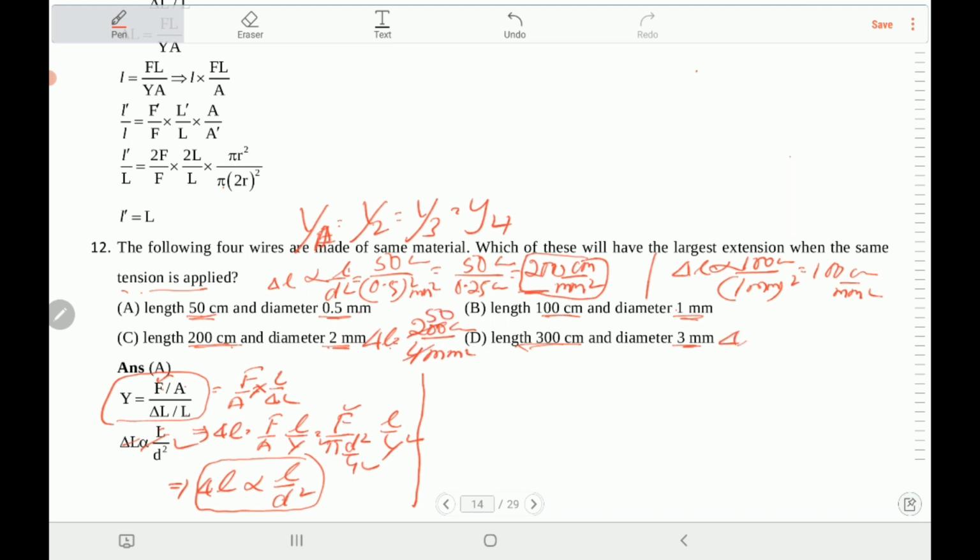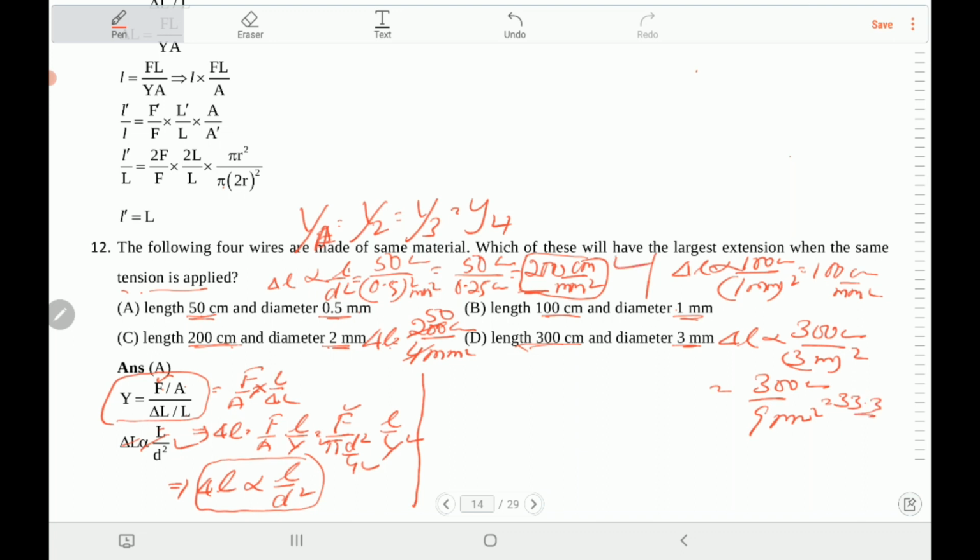And the last one, delta L proportional to L by d square. L is 300 centimeter divided by d square, 3 mm squared. So you get 300 centimeter divided by 9 mm square, which comes to around 33. So which is maximum?